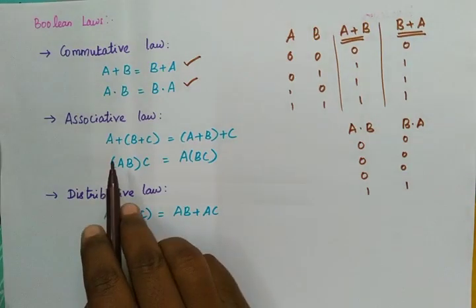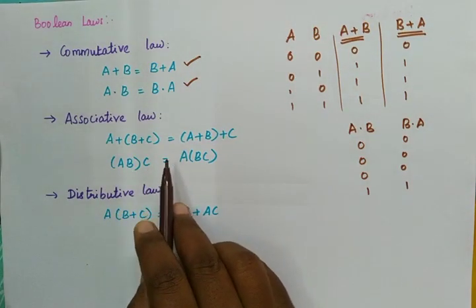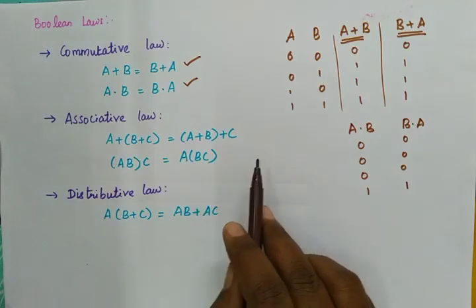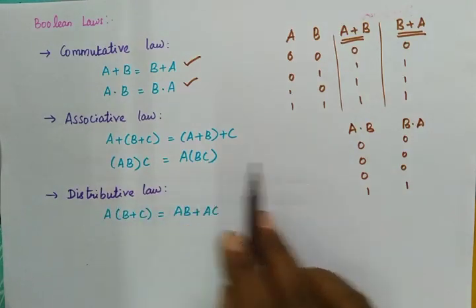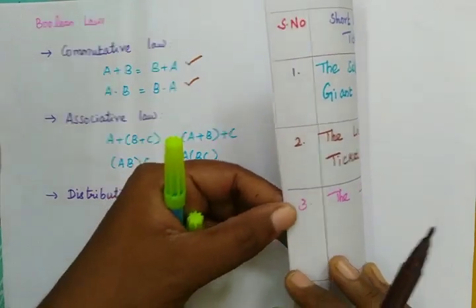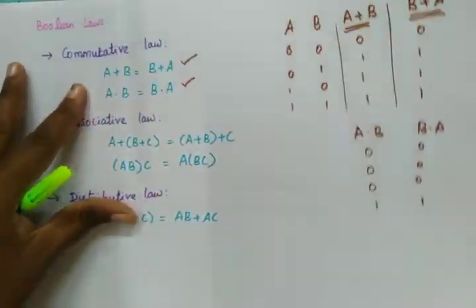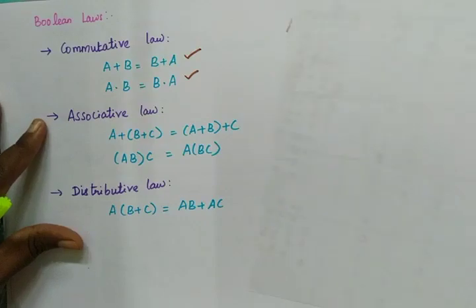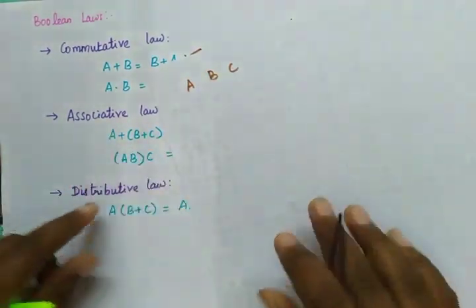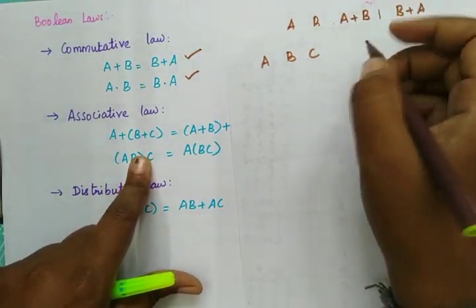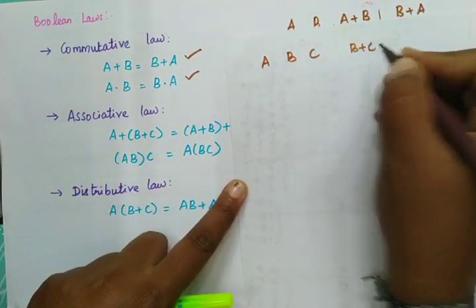So associative law: a plus b plus c is equal to a plus b plus c, grouped differently. So (ab) into c is equal to a into (bc). And this we can prove because here we have three variables, that is a, b, c. Then here we have b plus c.